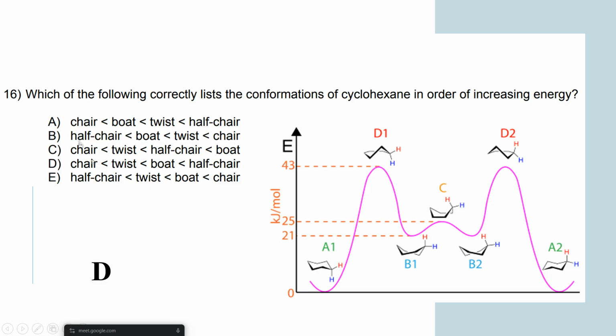So, if we go back to the options, we will have to choose option D because it ranks the conformations as chair less than twist boat less than boat, which is less than half chair conformation. I hope the energy values are clear to you.